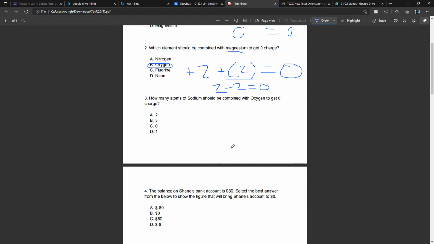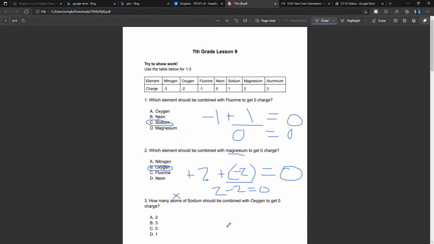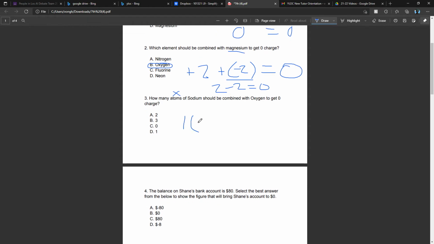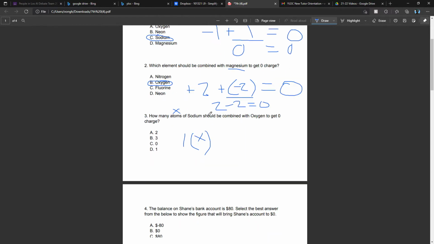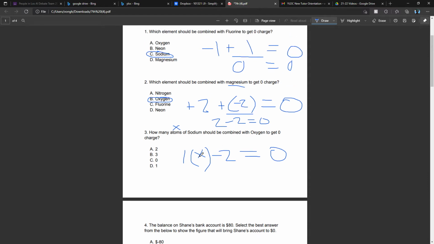How many atoms of sodium will be combined with oxygen to get 0? So we're going to set the amount of atoms to x, and since sodium has a charge of 1, we would write 1. And then put the value of the atoms, which is x, and oxygen has a charge of -2, so we'd write -2, and then set it equal to 0, because we're trying to find the amount of atoms of sodium, which will basically cancel out the -2.